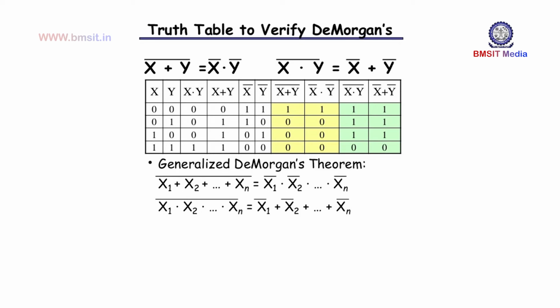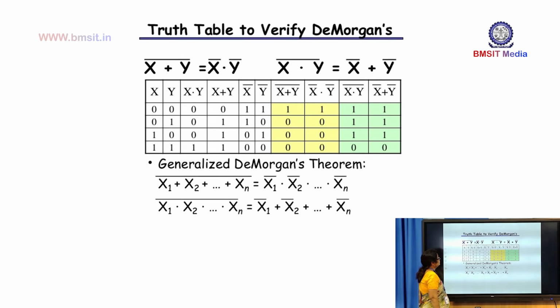Now, in this particular table, we are proving De Morgan's theorems for two variables. The first statement is (x plus y) bar is equal to x bar into y bar. Since we have two variables, we can have a maximum of 4 combinations, from the all 0 pattern to the all 1 pattern.